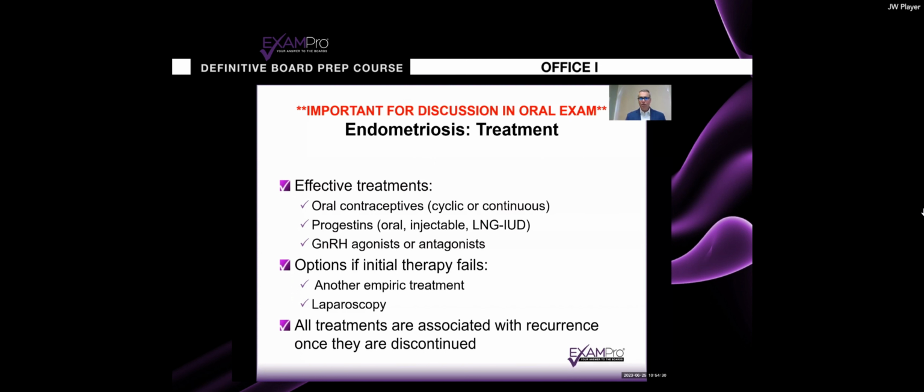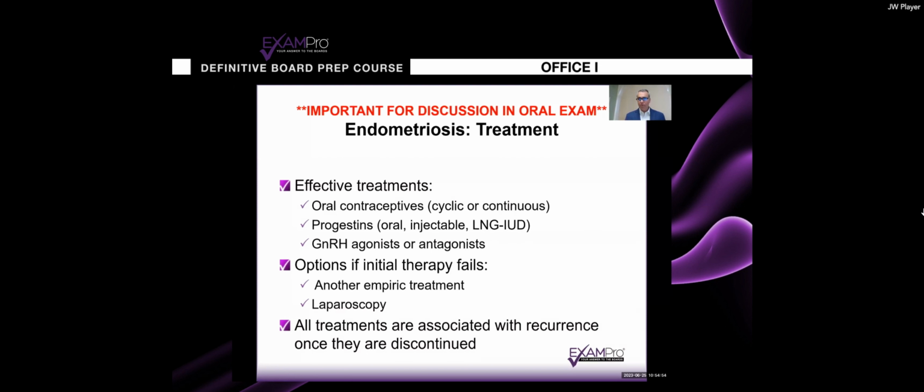We can use progesterone. We can use GnRH agonists and antagonists. And so I want to point that out. I'm sure most of you are very familiar with that possibility as well. If an initial therapy fails, we can try another empiric treatment. We might decide in some cases to proceed to laparoscopy, and we'll talk about that in a few minutes.